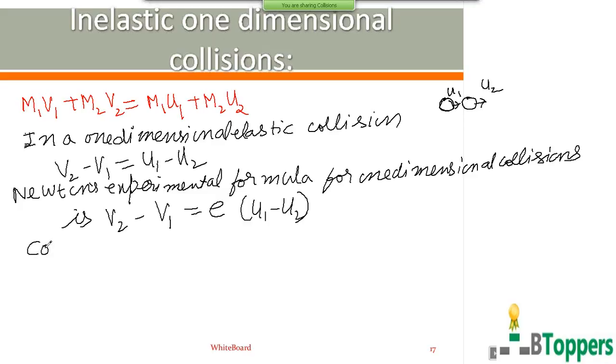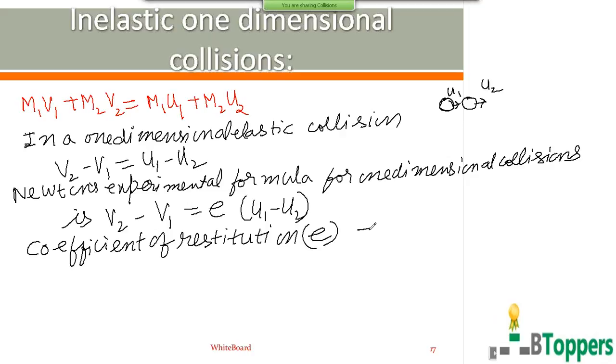This E is called the coefficient of restitution between the two colliding bodies, which you can write as V2 minus V1 divided by U1 minus U2.